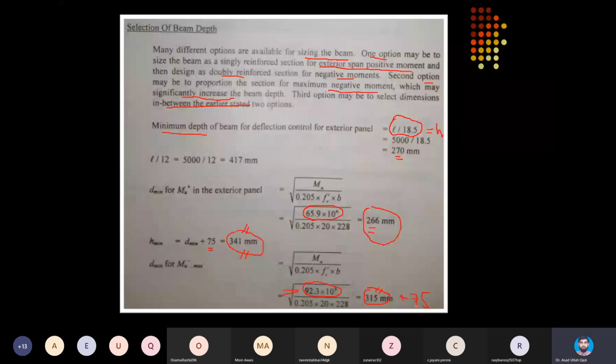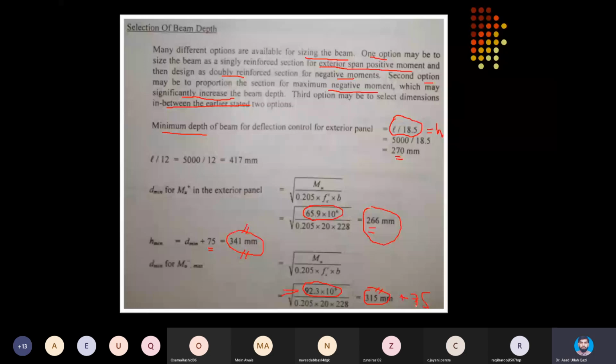Because it is an interior beam, it has overhangs on both sides. So it comes out to be 16 HF plus BW. So it comes out to be 2228 because BW was 228. So 2228 will be the second choice.